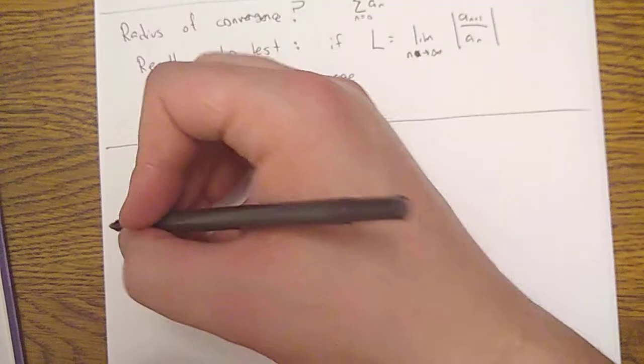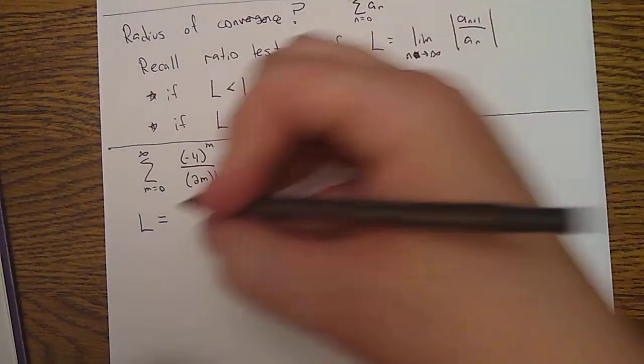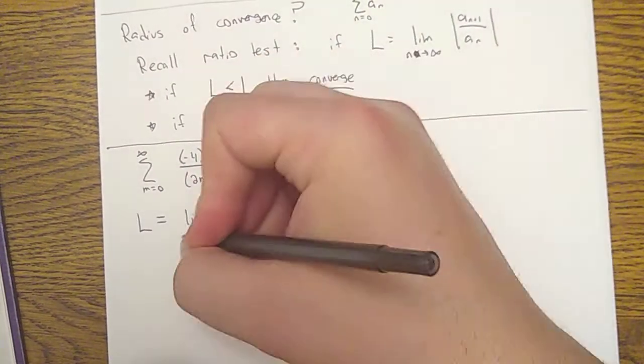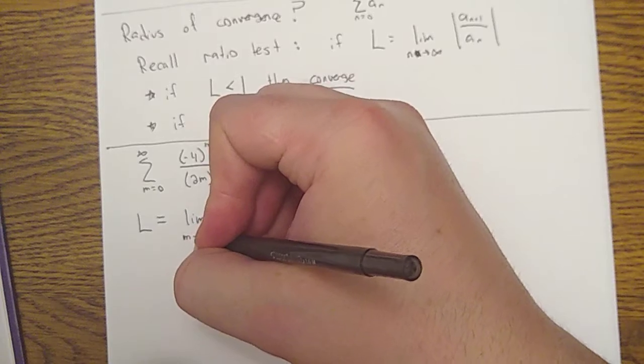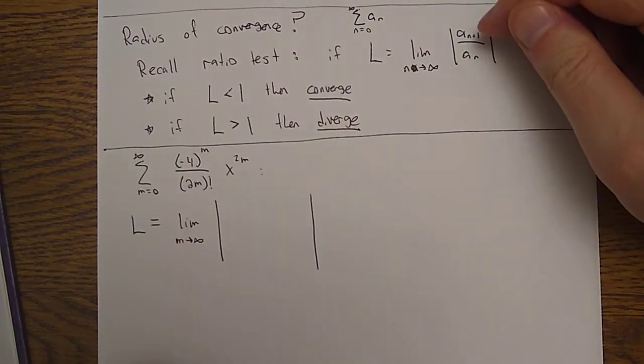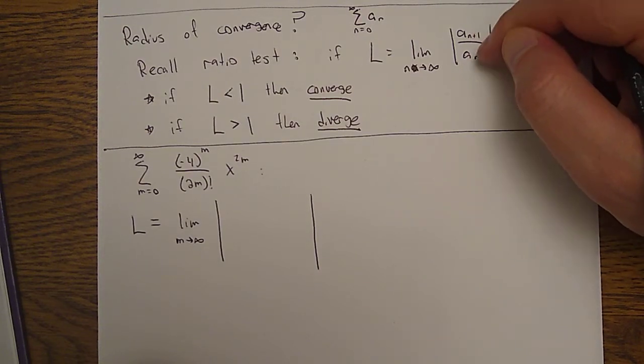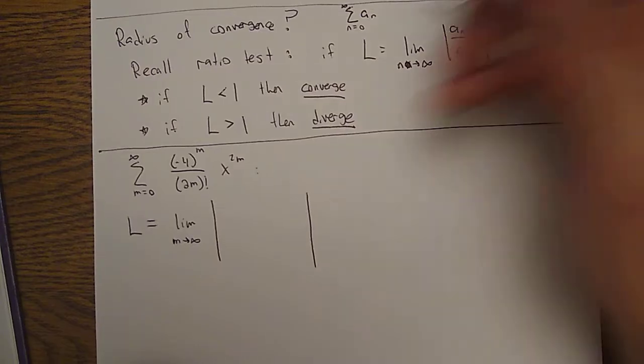Okay, so what would we do? We would do L. L would be what? It's the limit as, let's say, m goes to infinity. And then I do the absolute value of the ratio of the m plus 1 term and the mth term.